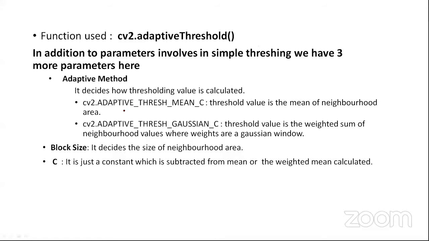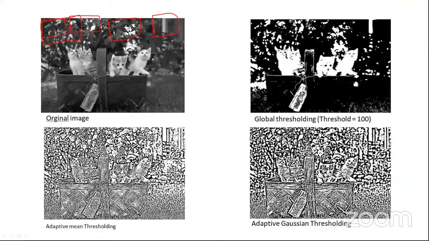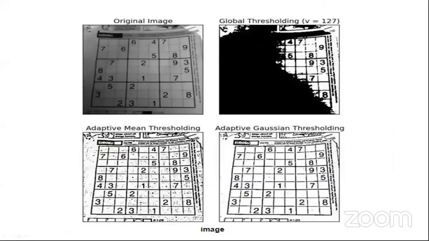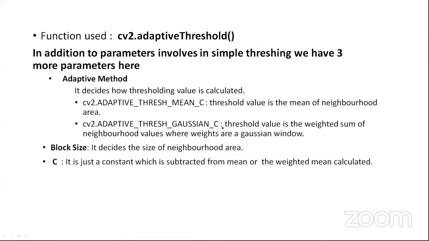We have 2 adaptive methods. ADAPTIVE_THRESH_MEAN_C will take the mean of all the neighborhood area, and that will be my threshold. Then it will automatically do the thresholding. The other is ADAPTIVE_THRESH_GAUSSIAN_C, which takes the neighborhood values from a Gaussian distribution.